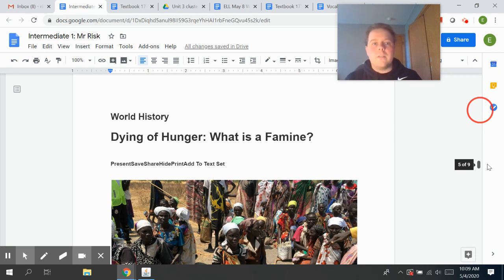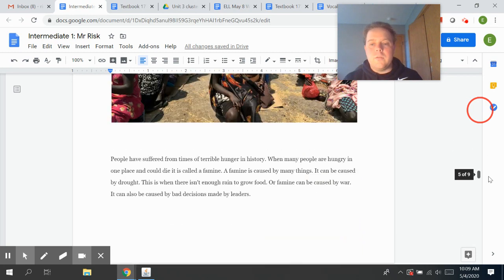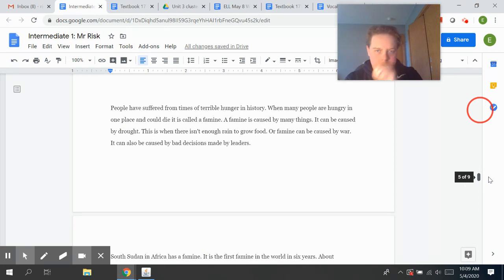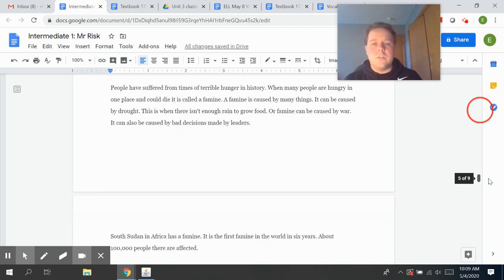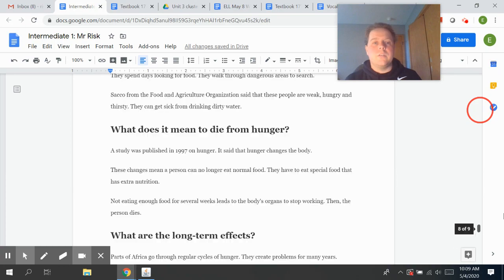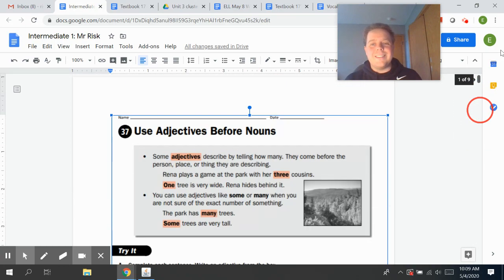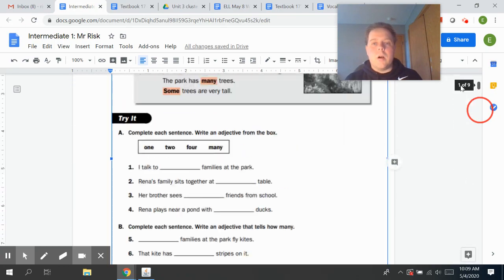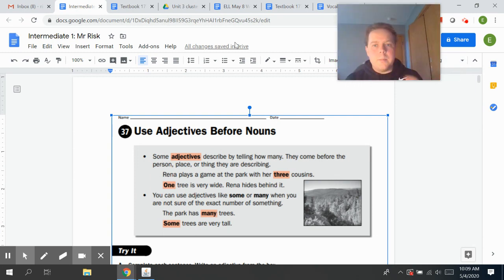So what is life like for people in different places in the world? This can be kind of a sad reading. You don't have to do it right away, but I think it's something that you should know about. And then you have 5 questions there at the end. So make sure you get all of this document filled out. There are 9 pages, but not every page has something to fill out. Again, share it with me when you're done.